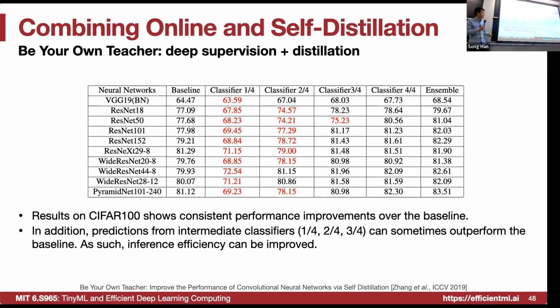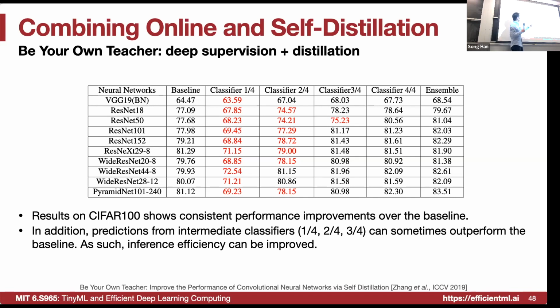As a result, this is showing different neural net architectures, VGG, ResNet, wide ResNet, etc. And this is the baseline accuracy. Here we have running only 1 quarter, 2 quarters, 3 quarters, 4 quarters, versus ensembling these 4 different subnets together. The red part is showing the output that is weaker than the baseline.